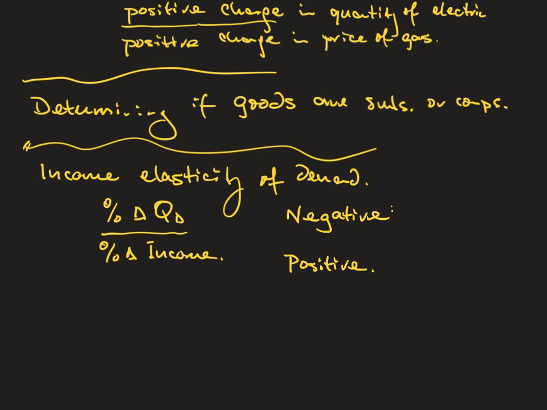Those two things go in opposite directions. Income up, demand down. What do we call those types of goods? Purchase less of it when your income goes up? Yeah. Inferior goods. Perfect. Okay, an inferior good. And if it's positive, it's a normal good.